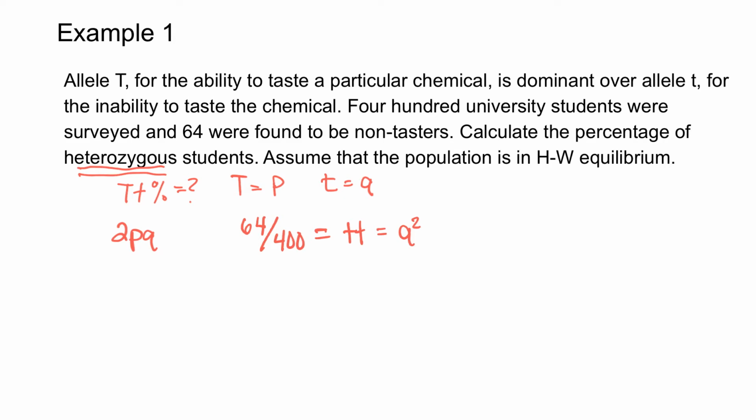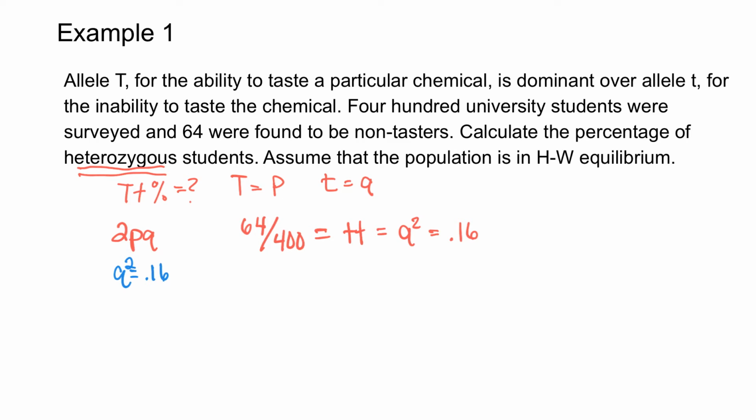We just take 64 divided by 400, and that gives us 0.16. So now we know that q squared equals 0.16.